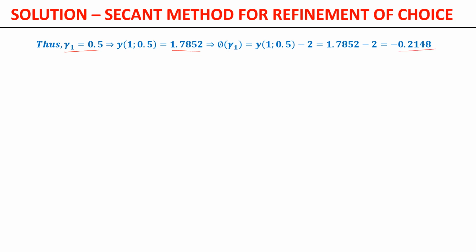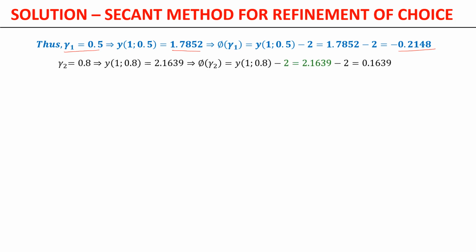This was my first choice. The second choice we took as 0.8. Proceeding in a similar manner, we got the result for y at 1 to be 2.1639, and when we took the difference, it is 0.1639. So both values were not close, and therefore a refinement is needed, as we discussed earlier.